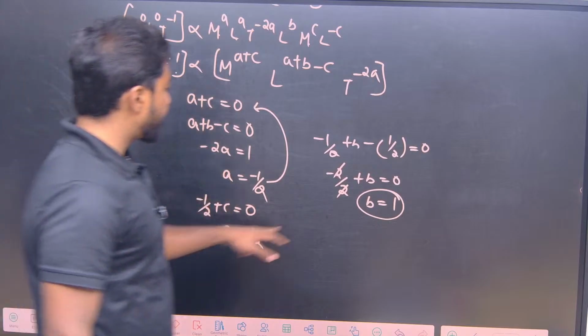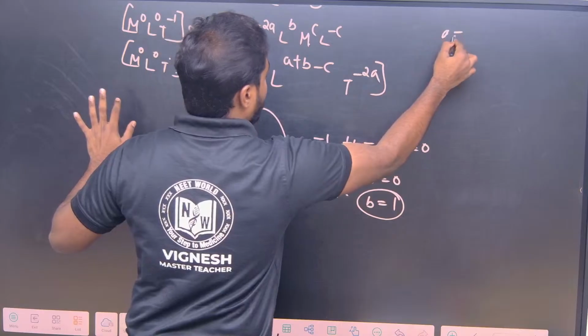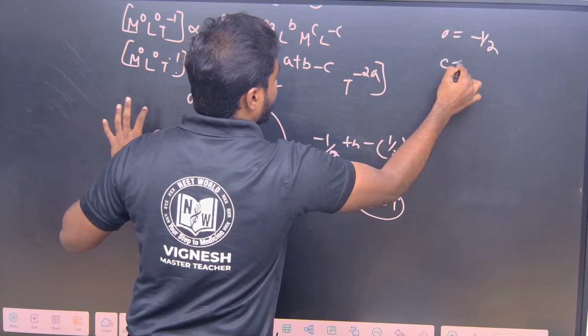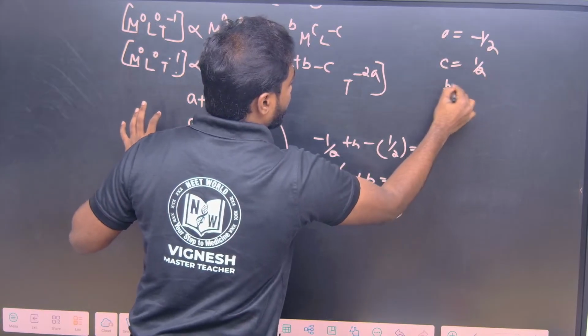So we got a, b and c: a equals minus 1 by 2, c equals 1 by 2 and b equals 1.